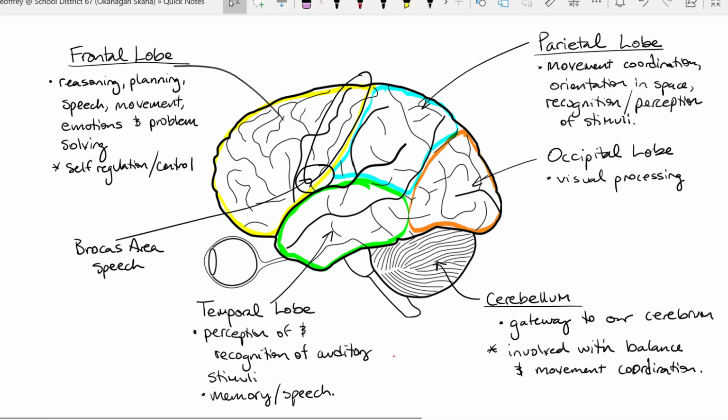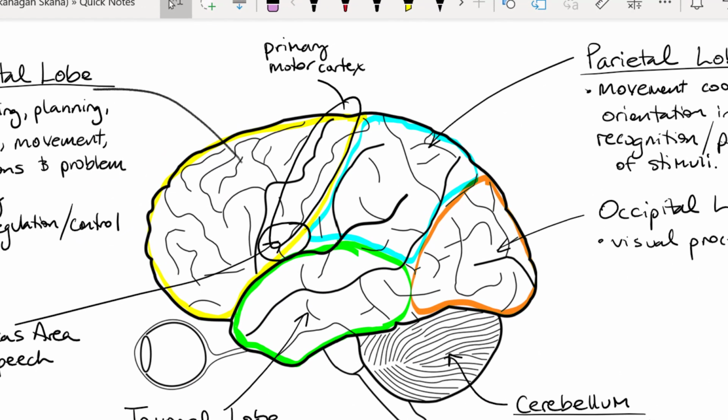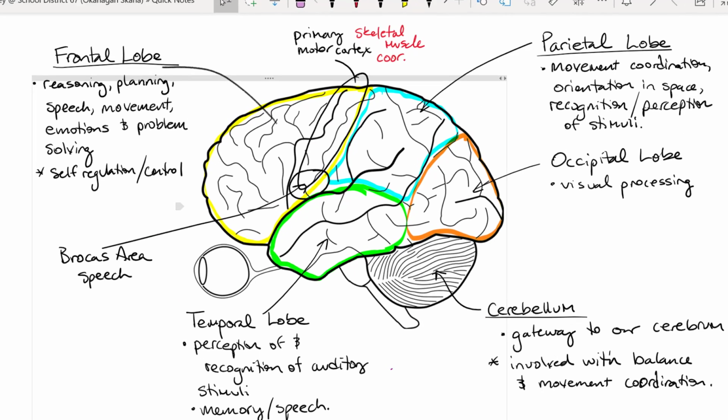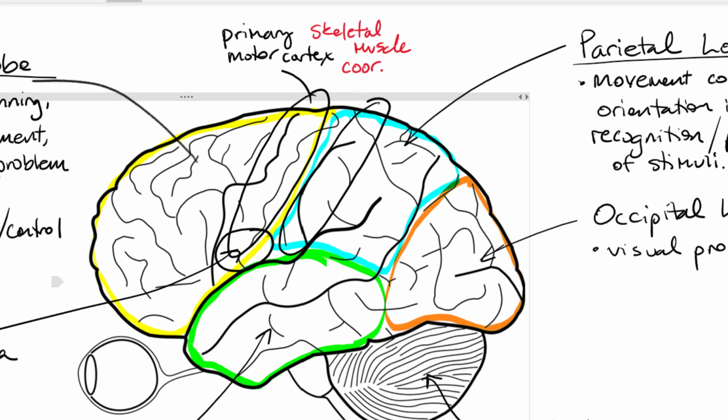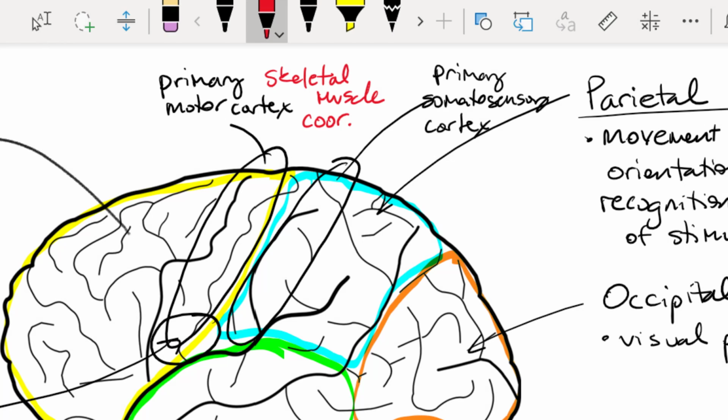This area right here is called our primary motor cortex, and this is involved with skeletal muscle coordination. And this part right here that I just circled is our primary sensory area, or our primary somatosensory cortex, and this is involved with sense of touch.